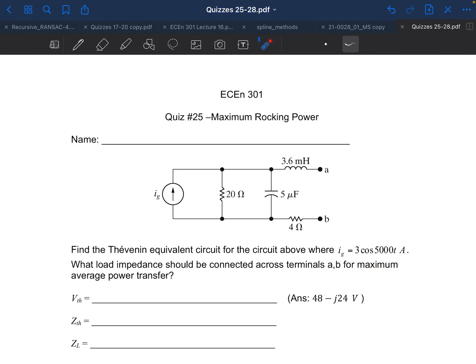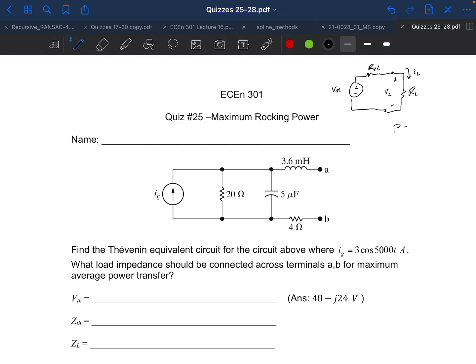So the principle, if you remember back earlier in the semester, we talked about if we had a Thevenin equivalent circuit like this, RTH, VTH, and then we added to this a load, RL. The voltage here is going to be VL and the current IL.